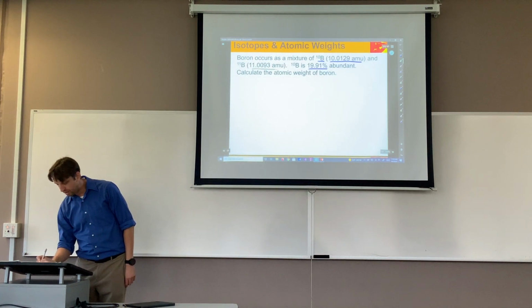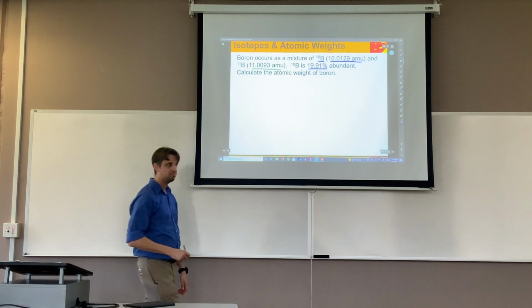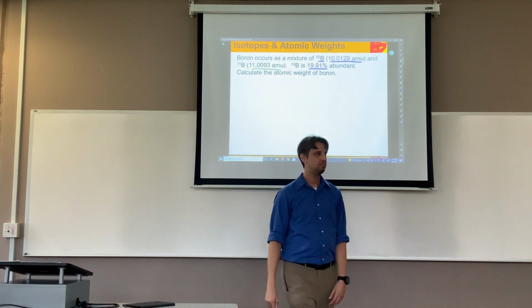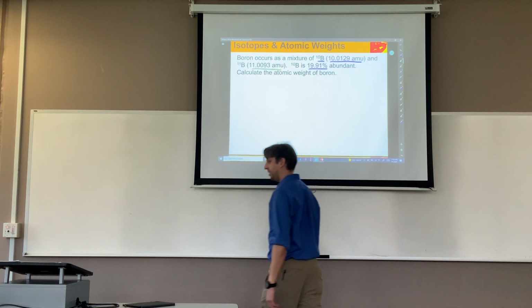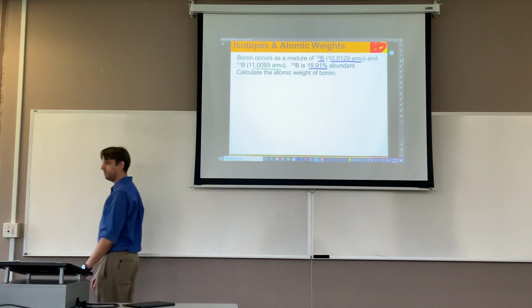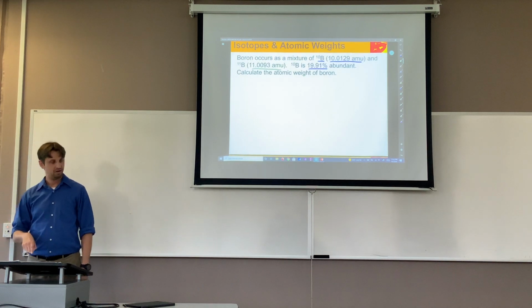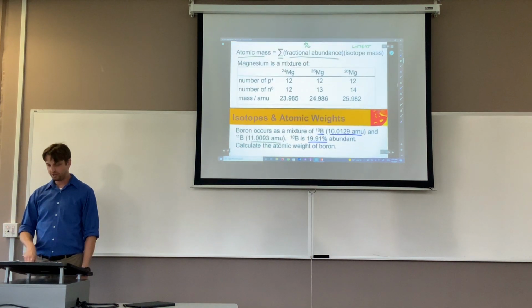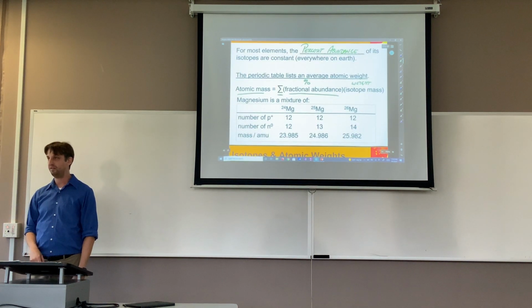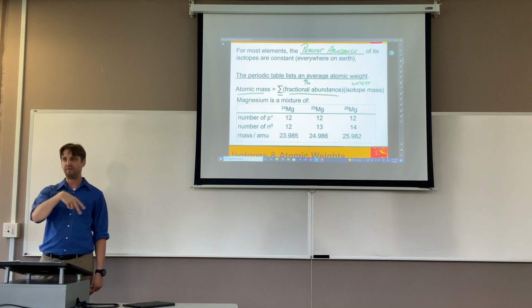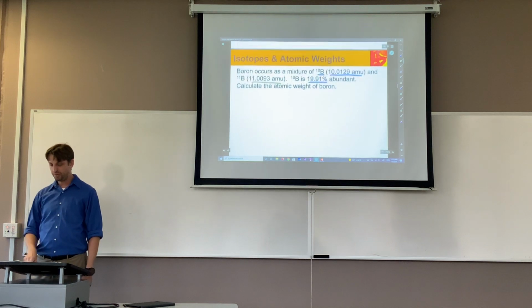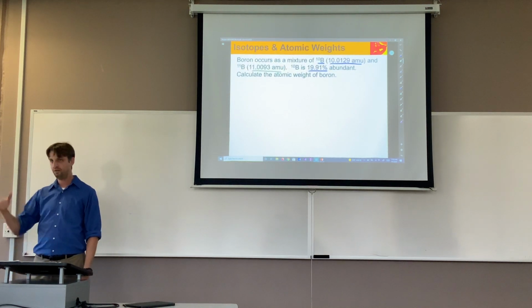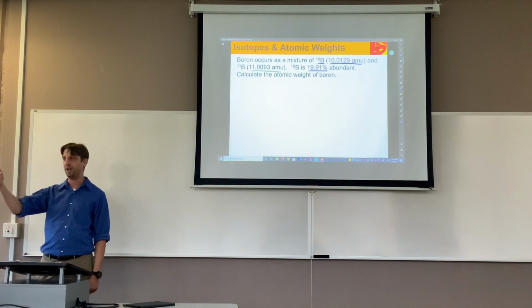If you take a look back on the previous slides, let me scroll back for just a second, or we'll give you a second to copy this down. What information do I need? I need abundance and I need mass. I need 2 bits of information for every isotope that I have. You guys with me on this? Do I have 2 bits of information for boron 10? Yeah, I've got the abundance and I've got the mass.